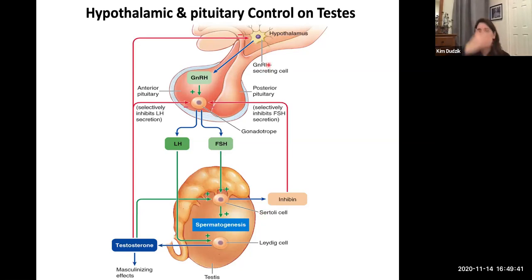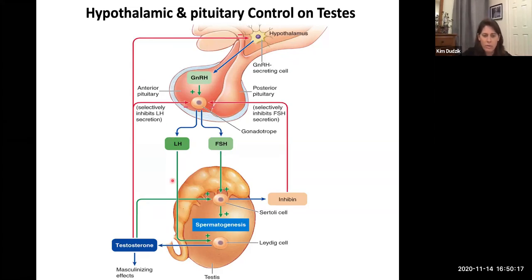So here we are. This is what you saw in the endocrine system. Up at the hypothalamus, the cells secrete gonadotropin releasing hormone that travels through the infundibulum, through the capillary portal system, to the anterior pituitary, causing those cells receptive to GnRH to release luteinizing hormone and follicle stimulating hormone. Follicle stimulating hormone and luteinizing hormone target different cells.